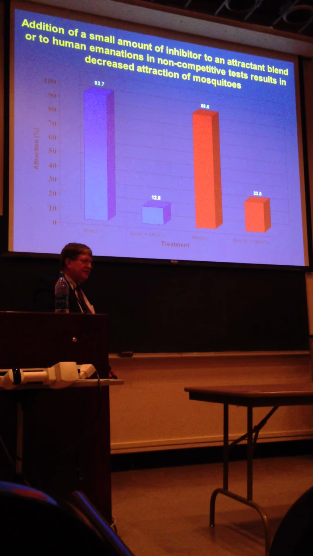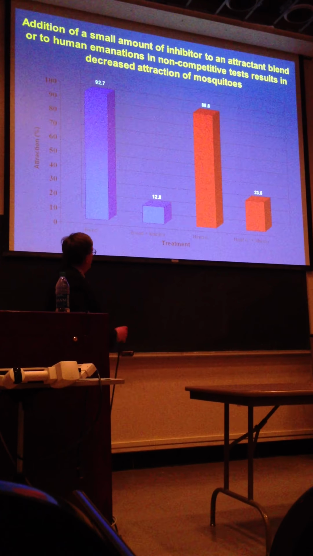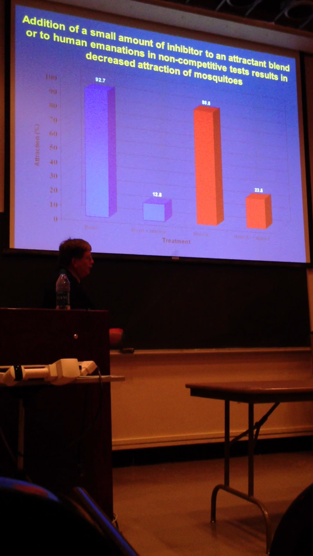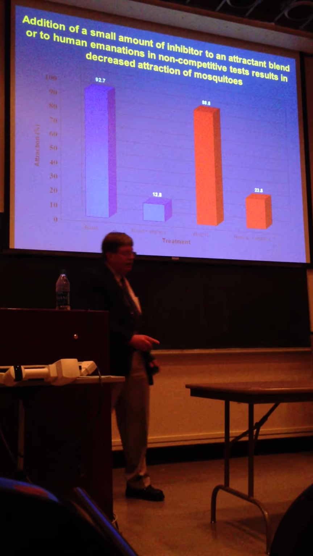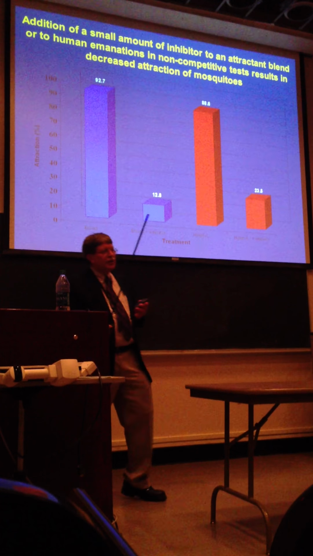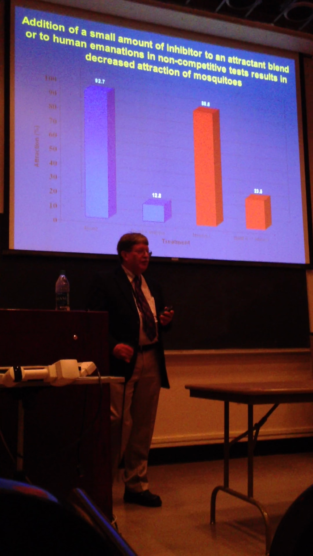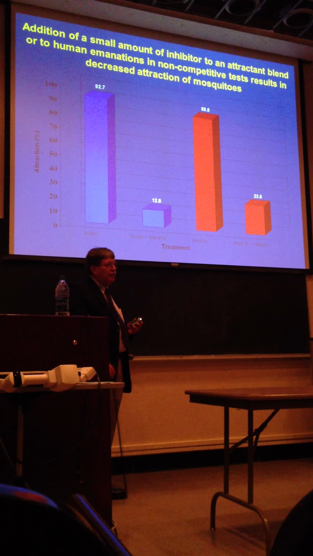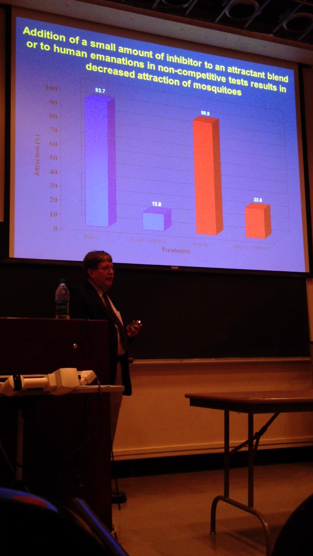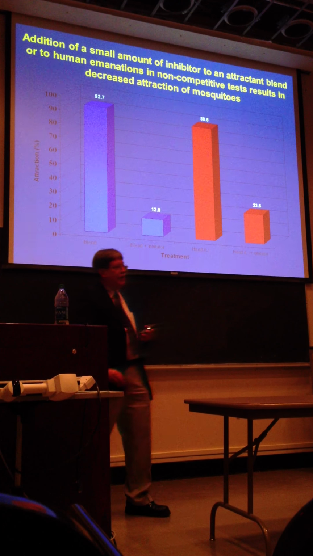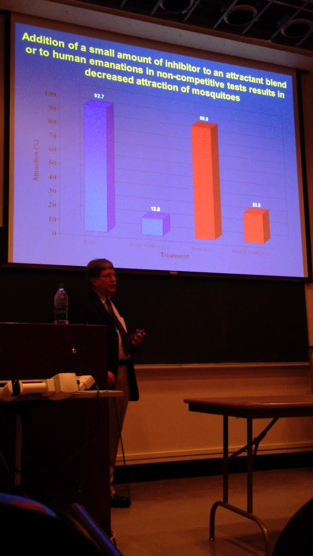And our program assistant, when we started doing competitive tests, everybody, if I put my arm in and we had the synthetic blend in a competitive way, always went to the arm. But when our program assistant put her arm in, they went to the blend in huge numbers, about 80% went to the blend and only 20% went to her.